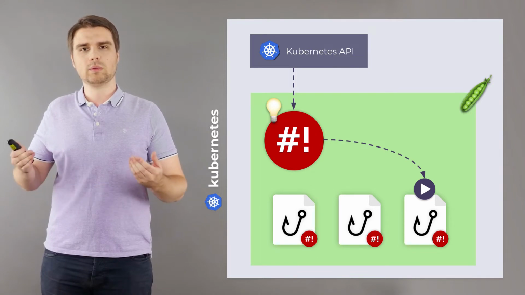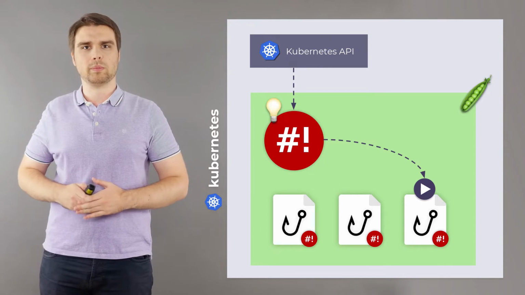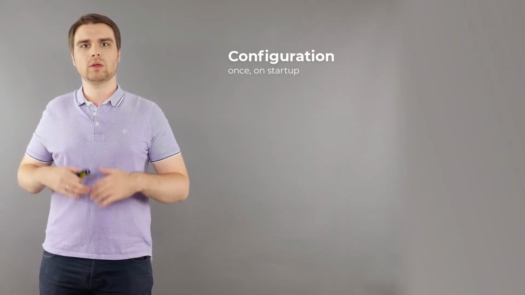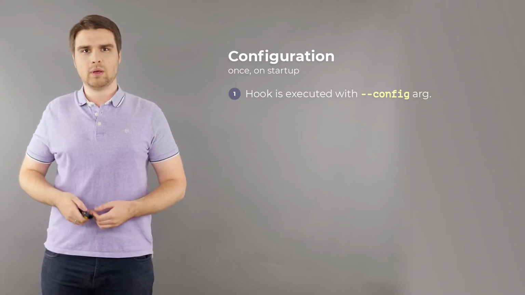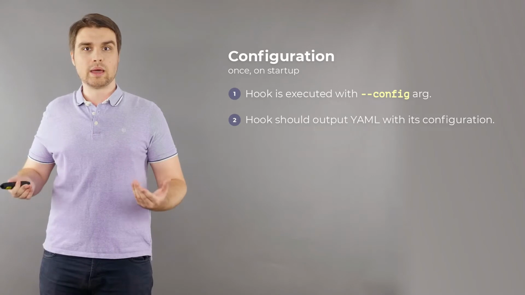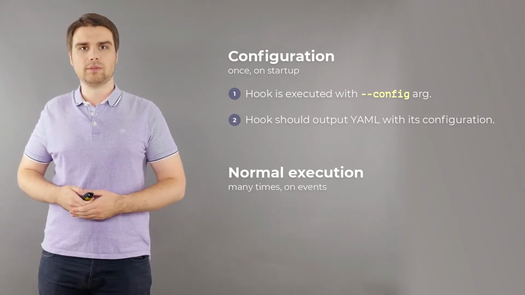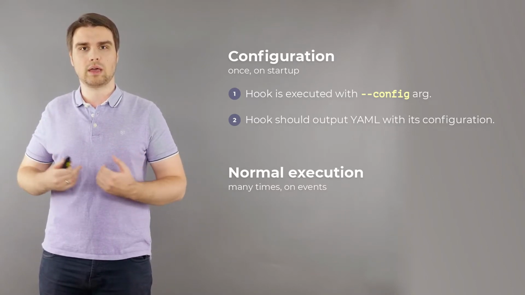Now, how does it decide what hook and when to execute? To solve this problem, a hook has two phases. When Shelloperator starts, it executes each hook with a config argument. Each hook outputs a YAML with its configuration. Once the configuration phase passes, each hook gets executed when an event relevant to it happens.